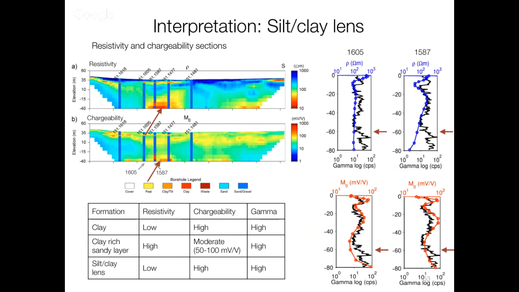But there is an indication of a high chargeable layer out here, and that coincides with the region of low resistivity. So that's interpreted as a silty clay lens: low resistivity, high chargeability, and again, high gamma. If you look at the gamma curve, it's gone way up there.